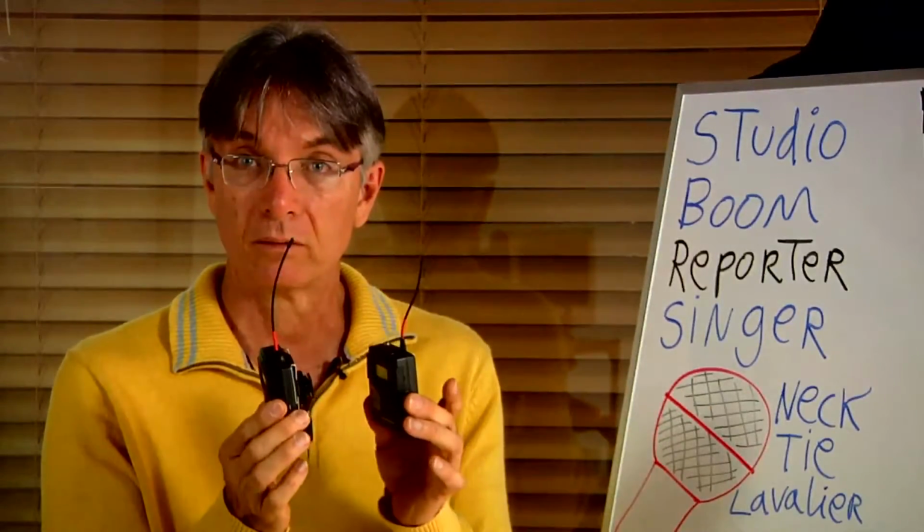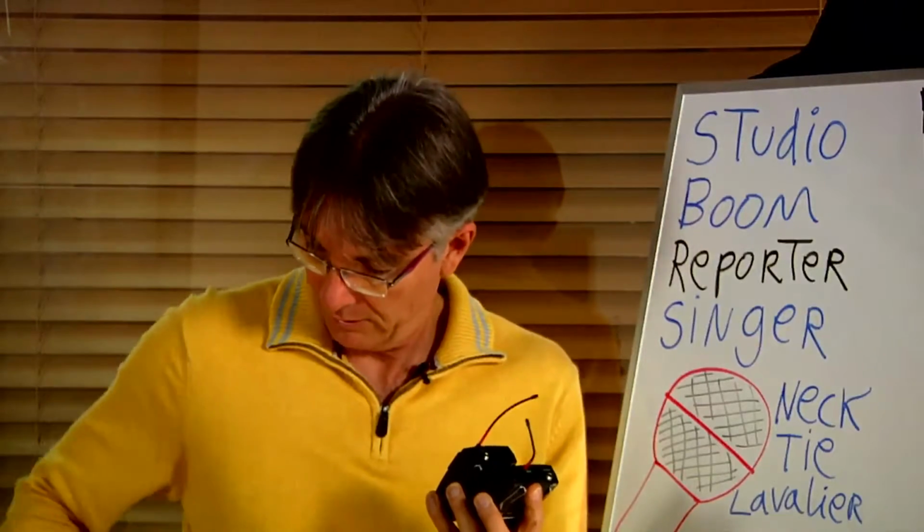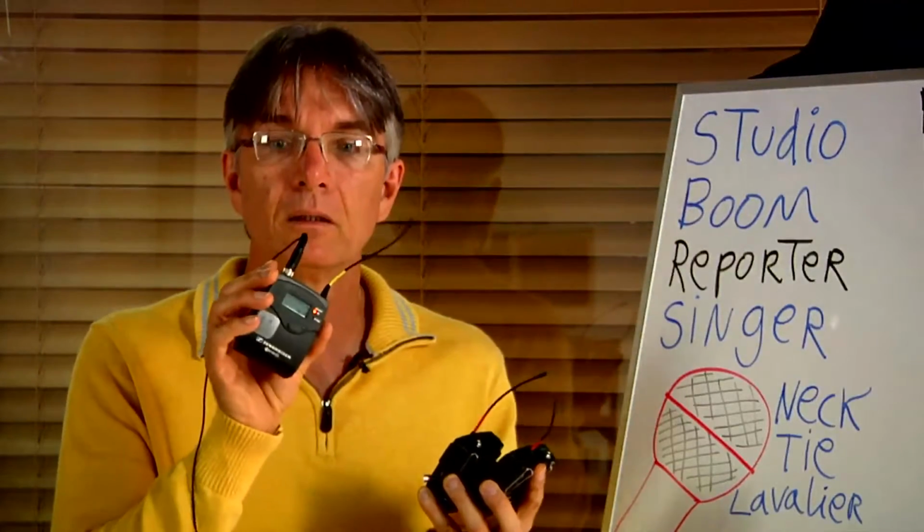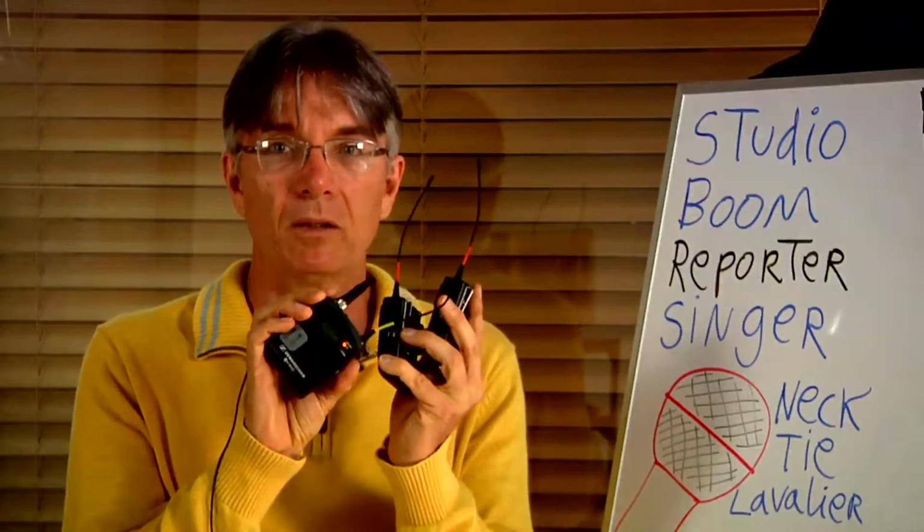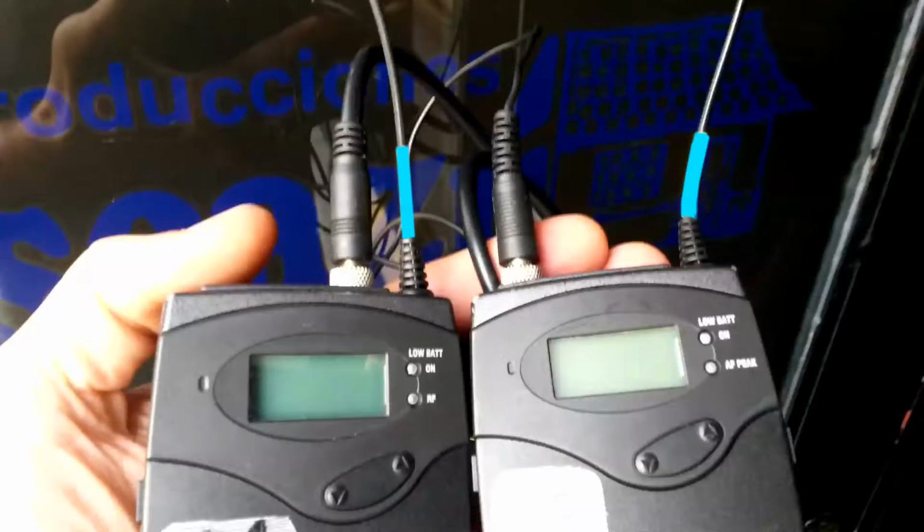You have to know which one, otherwise you end up taking the one that doesn't work with the other one. And imagine, for instance, this one I have here, this is the yellow one. You can see the yellow stripe there. And the other one goes in the camera in this layout we have.